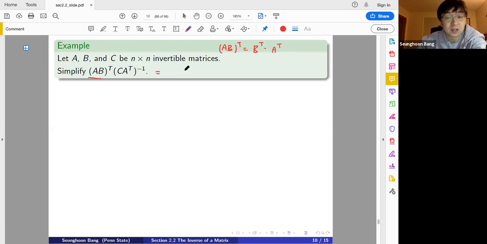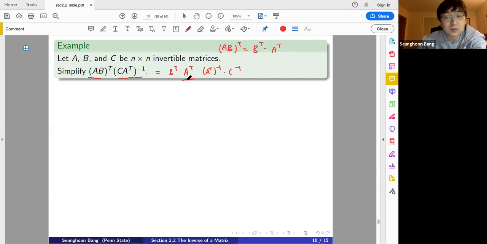The first part is this one. The C times the transpose of the inverse, distribute and interchange it. What does it mean? You can change it like this: A transpose inverse times inverse C. So what happens?